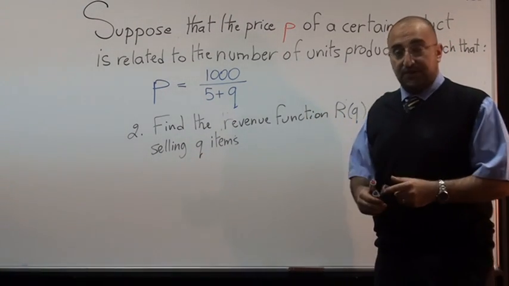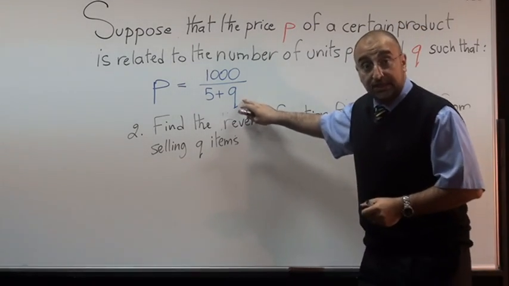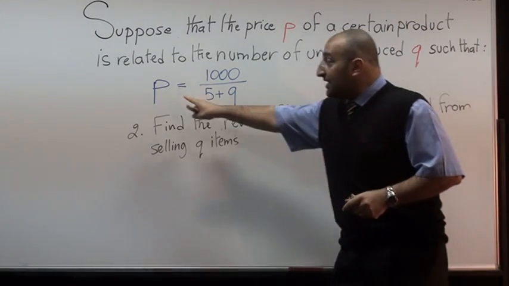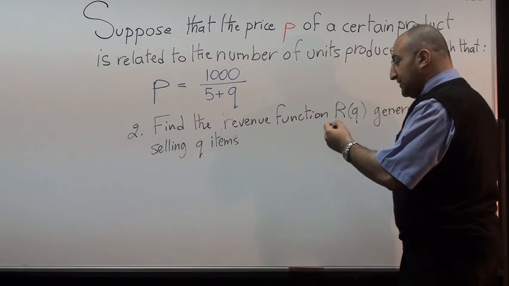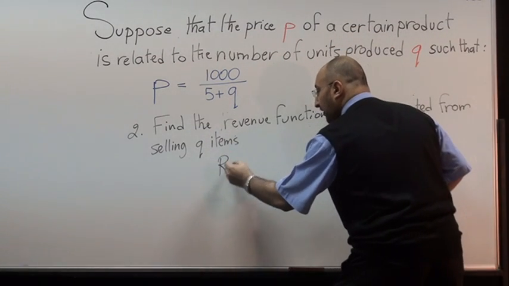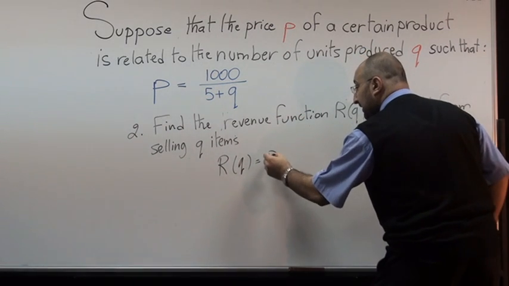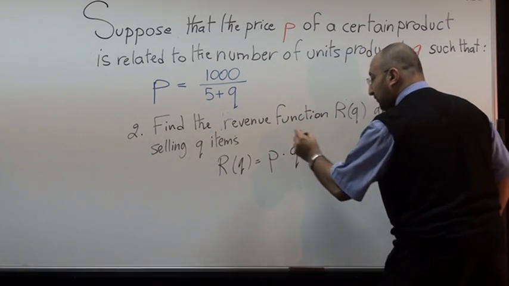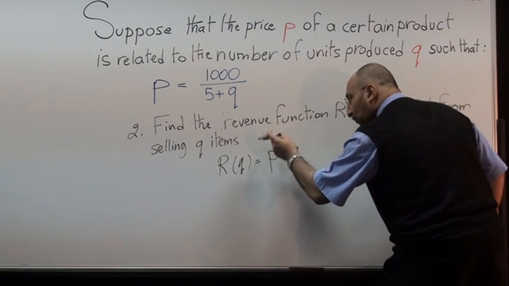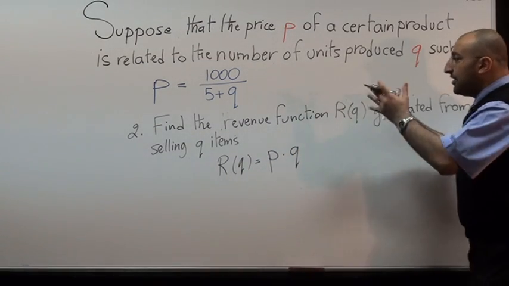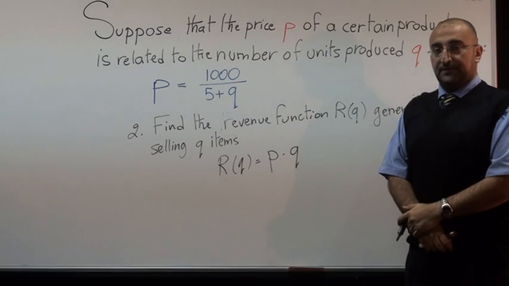How many items are you selling? In this case, it's the quantity Q, by the price per item P. And so basically, R of Q is going to be simply P multiplied by Q, where P is the price of one item and Q is the number of items sold.